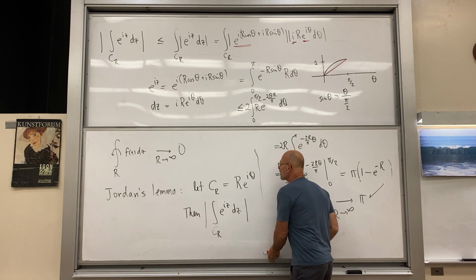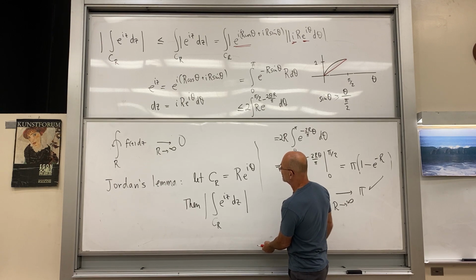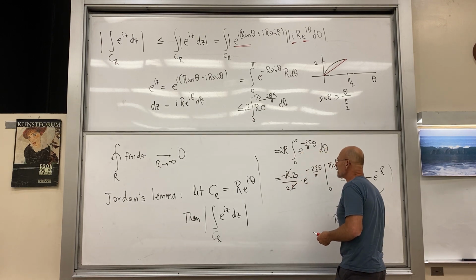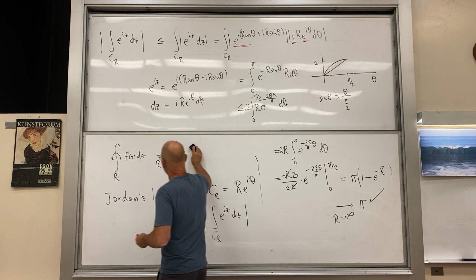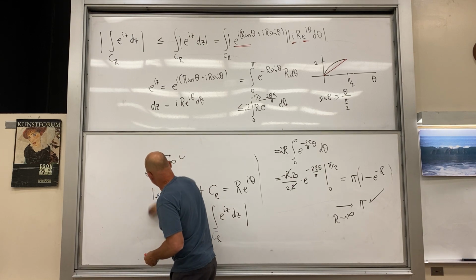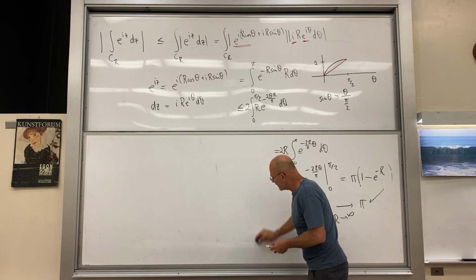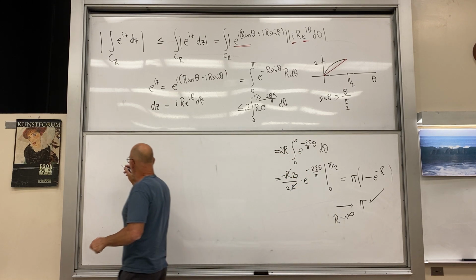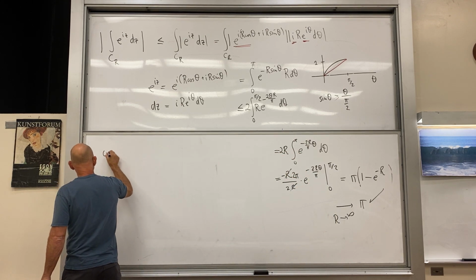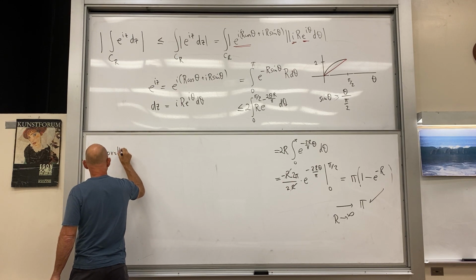Okay, so now let's leave that there. And we'll use this side of the board. So the first thing I want you guys to do is, let's just call this a corollary.